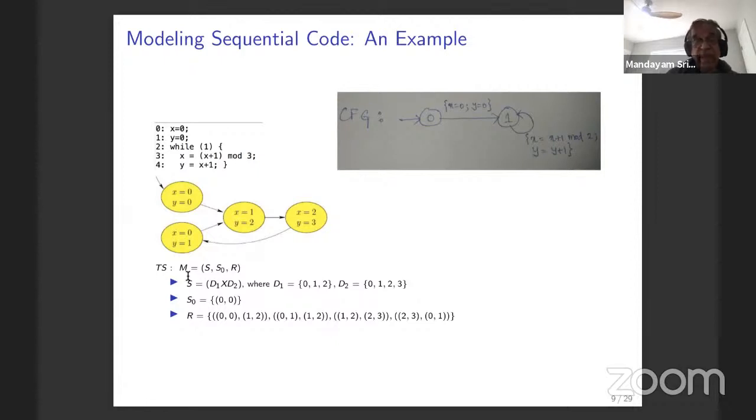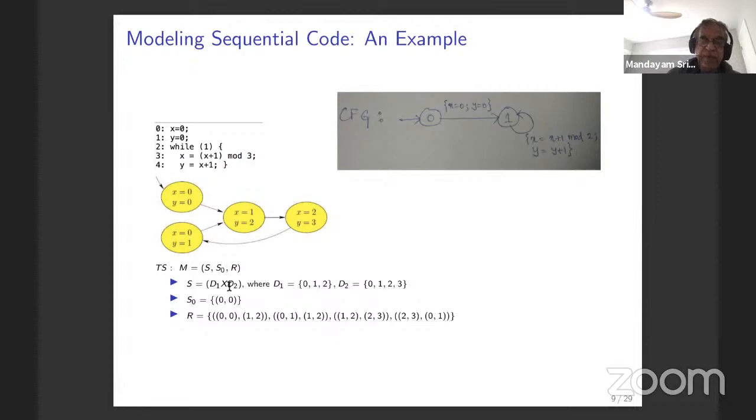So more formally, what are the choices that we have? My model has a set of states, and the set of states is captured as variables ranging over X and Y. Okay, so it has two state variables, X and Y, and that's why it is modeled as a cross product of D1 and D2. D1 is the domain over which X ranges.